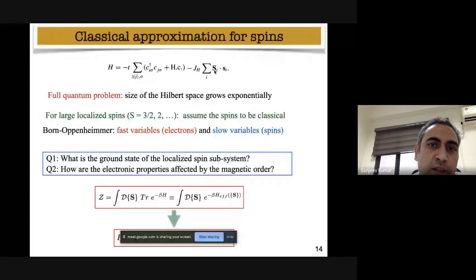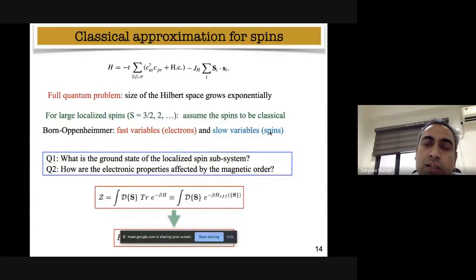One approximation that we can utilize in the present context is that the localized spin typically can have a larger magnitude. As I mentioned, in all these fermion materials, the magnetic moment on the iron element or manganese element and so on, these magnetic moments are large. So once you have large magnetic moments or large spin, you can say that I have a Born-Oppenheimer-like situation where I have my fast variables, which are electrons, and slow variables, which are spins.